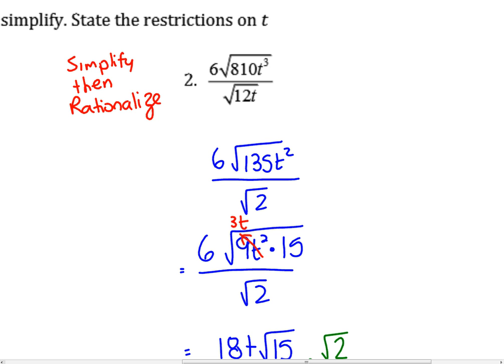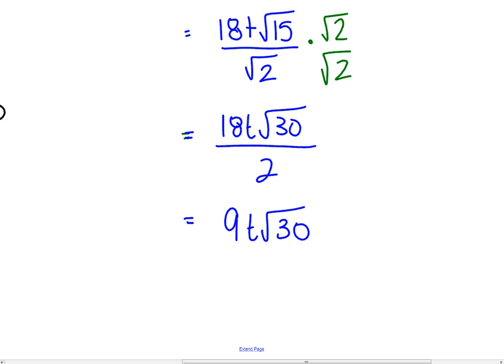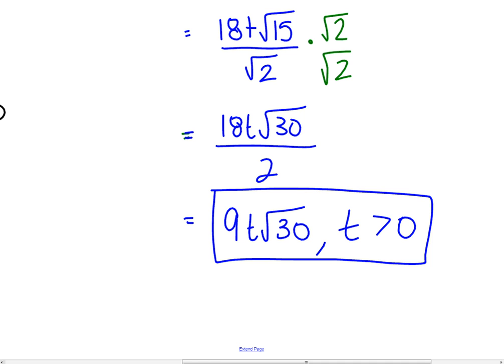It's still negative, and so that would make it a negative. So in this case, can we have a negative number? No. Can we have 0? No. The variable's on the denominator here, right? So you can't divide by 0. So t has to be greater than 0, not including. There it is. Sound good? We're done.